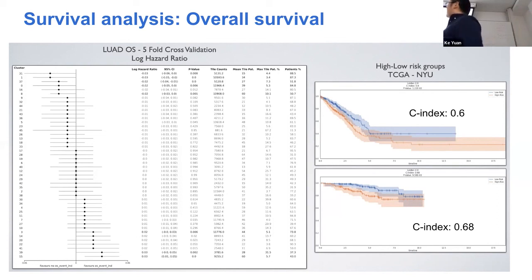Again, a technical risk is a pure tile count where you have a cluster with superficial images coming from a minority in the cohort. Yes. Okay, that's fine.